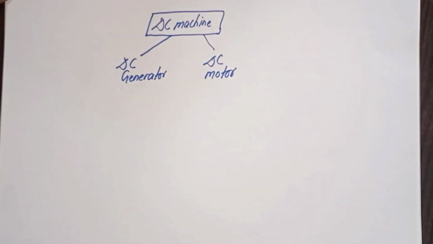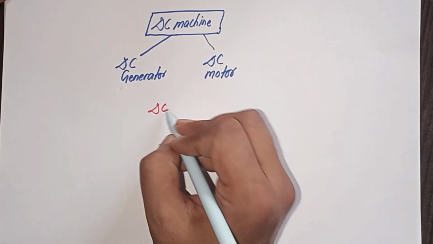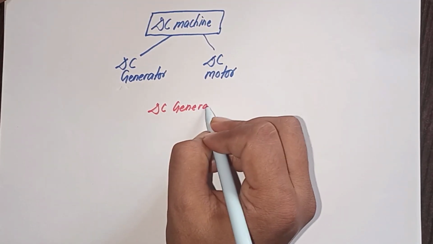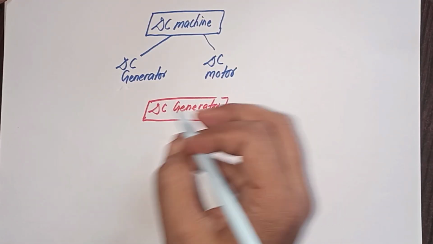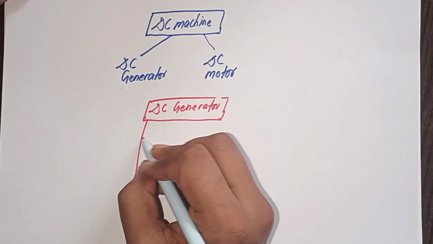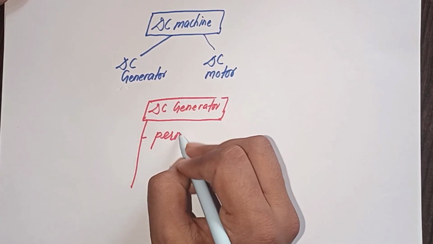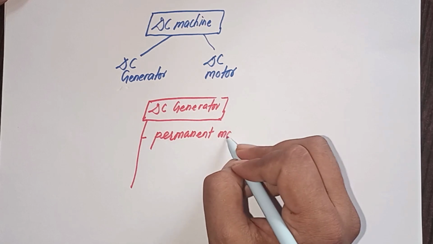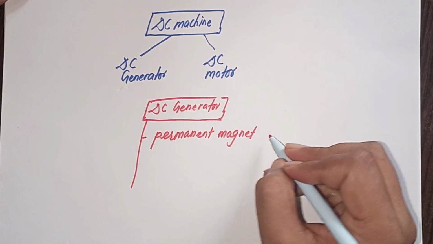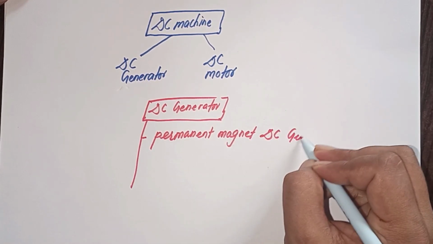DC generator can be classified into three categories. First is permanent magnet DC generator.